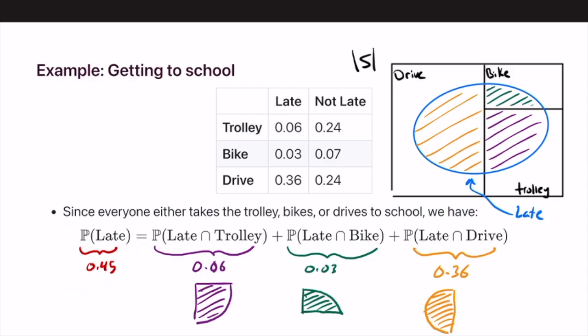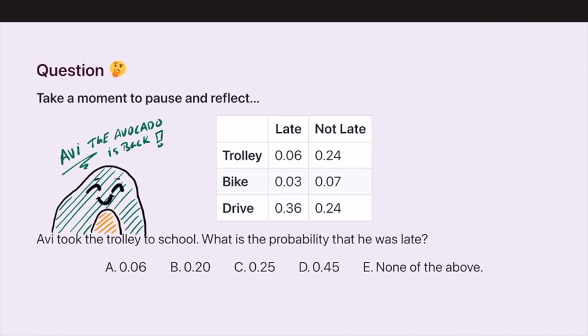Okay, so let's try and answer another question. Surprise, surprise, Avi the avocado is back in full force. We did our poll and our survey, and of course we asked Avi because we care about Avi's opinion and we're self-selection biased to Avi.